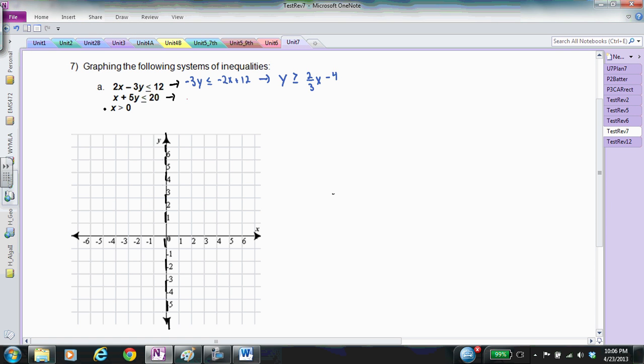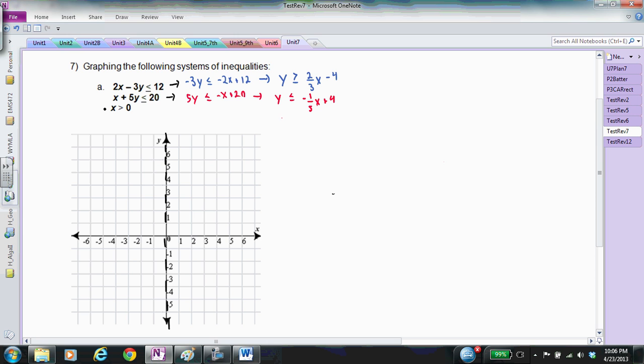Now this one, it's going to be, let's see, 5y is less than or equal to negative x plus 20. So divided by 5, y is less than or equal to negative 1/5 x plus 4.